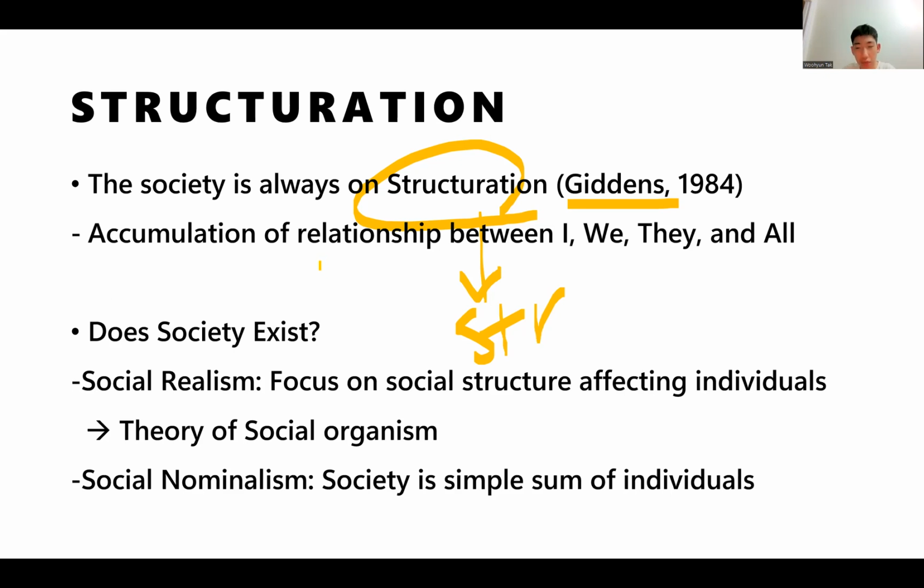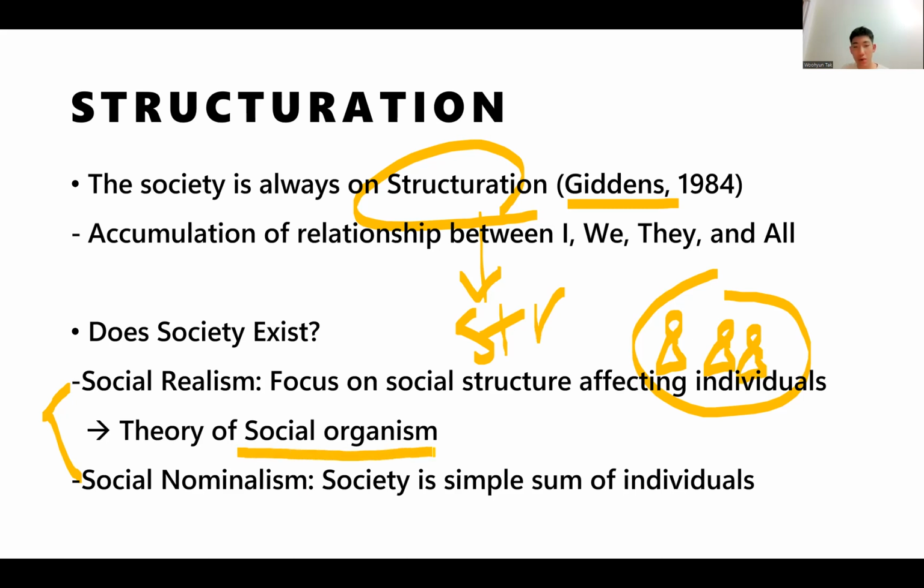Then there have been some conflicting stances about whether society really exists. Social realism holds that social structure actually exists by itself and therefore affects individuals. So there is a big structure and lots of individuals who are affected by each other. This has led to social organism theory, which means everybody has lots of influence on and interacts a lot with one another, like very organic things.